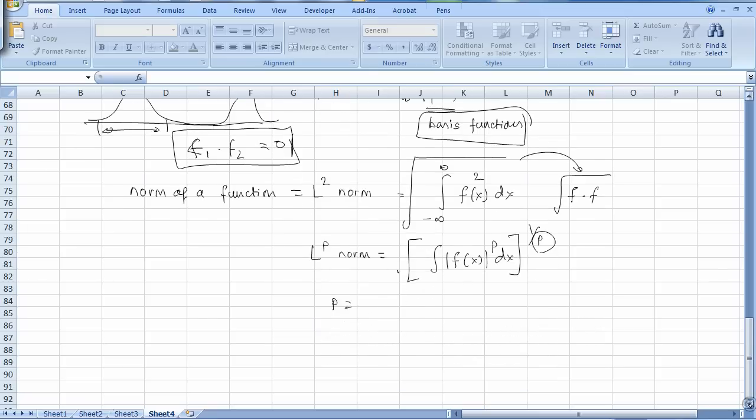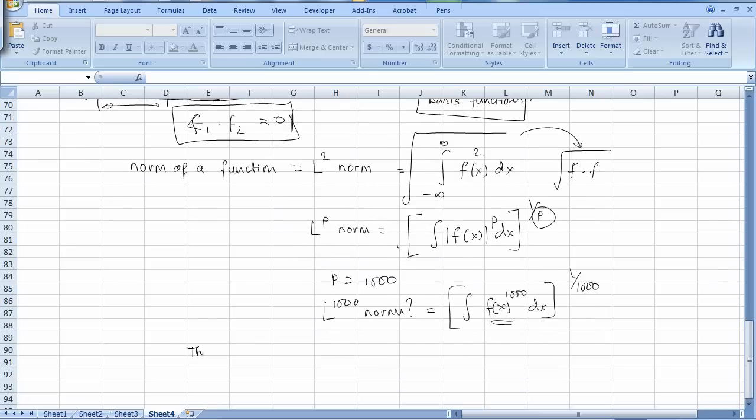The higher the value of p, the more contribution from the region where f of x is large.